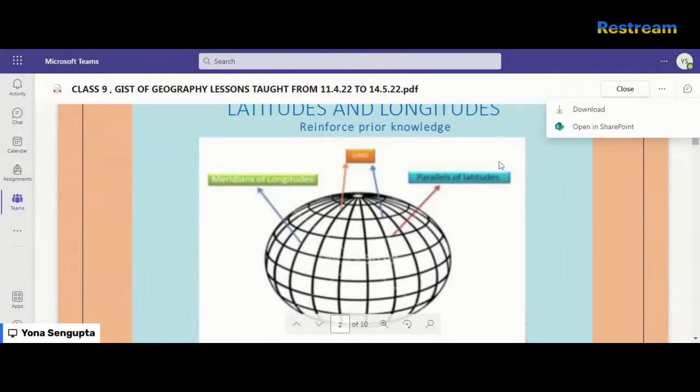As you can see here, the lines of latitude and the lines of longitude crisscross each other to form a network of imaginary lines, which is called the grid. You can write it down if you want.